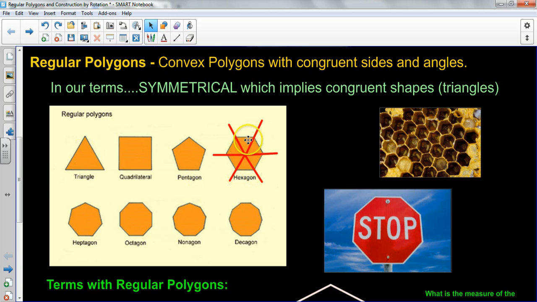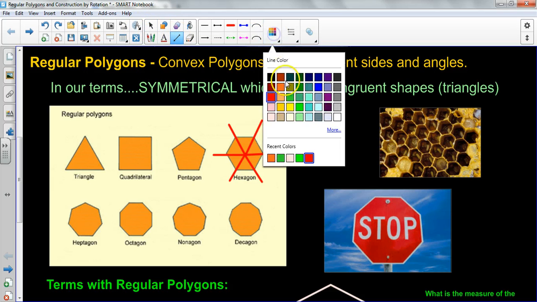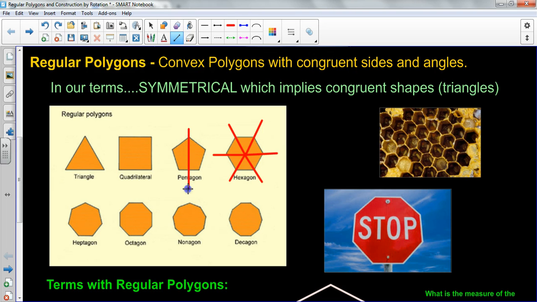With even-sided shapes like a hexagon, 6 sides, and true for 4-sided, 8-sided, 10-sided, when we draw these lines, notice this line goes from vertex to vertex. But in an odd-sided shape like a pentagon, if I drew from a vertex down, notice it goes right through the middle of a side.